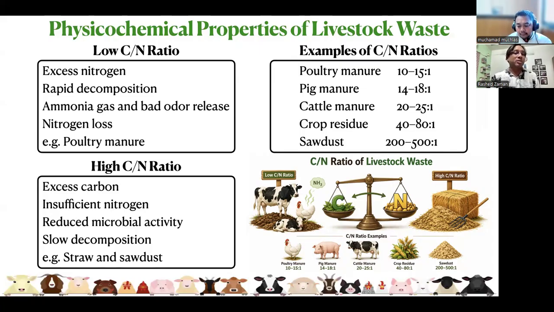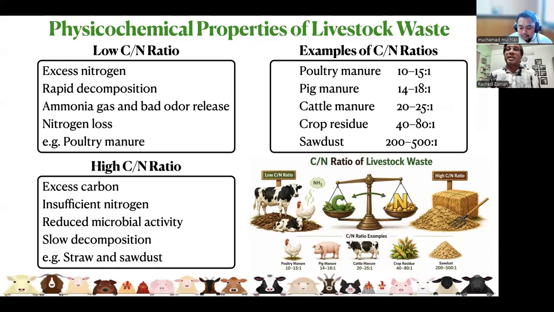And it also slows down the decomposition because microorganisms cannot work efficiently when nitrogen is not available in sufficient amounts. Straw and sawdust are examples of high carbon to nitrogen ratio waste.